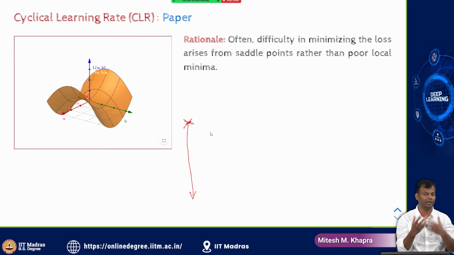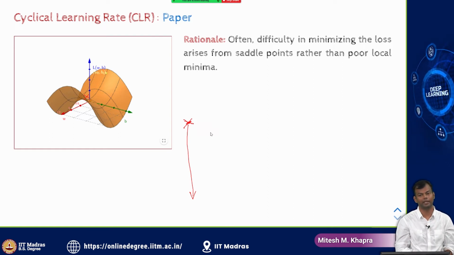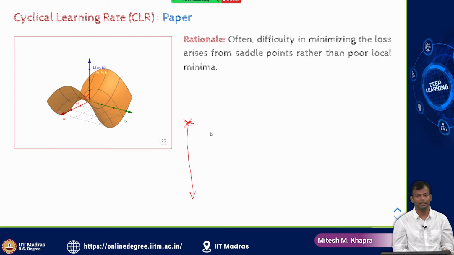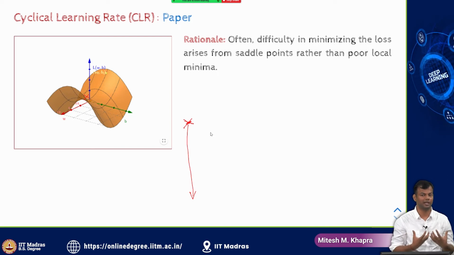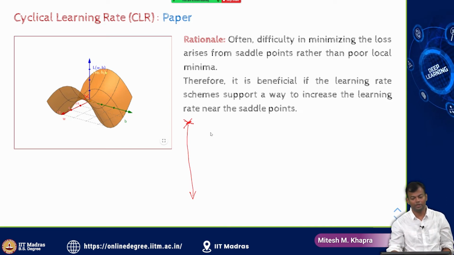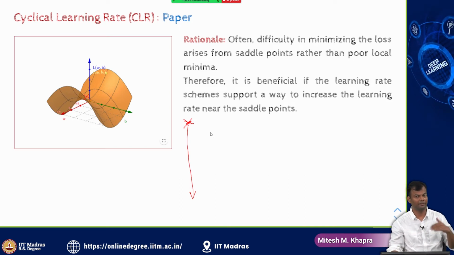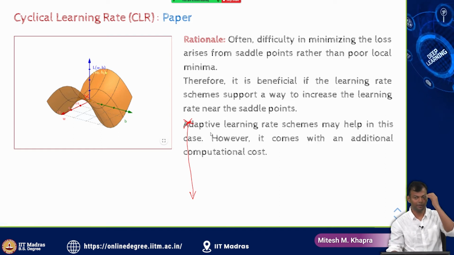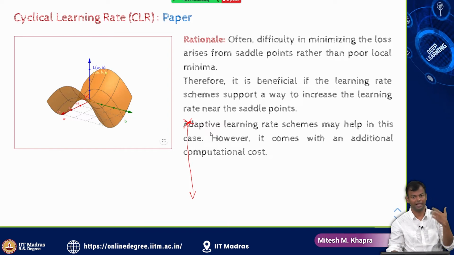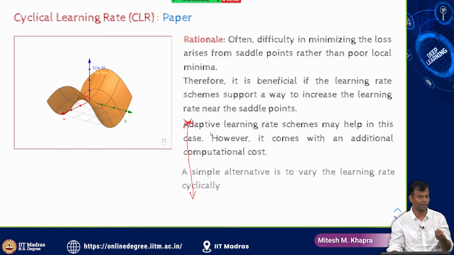So you're keeping a lot of variables and making things a bit complex. And this often happens, that the difficulty in minimizing the loss arises because of these saddle points. Therefore it is beneficial to have learning rate schemes which could increase the learning rate near the saddle point. The adaptive learning rate schemes that we have seen are actually trying to do that, but as I said, it comes with an additional computational cost.